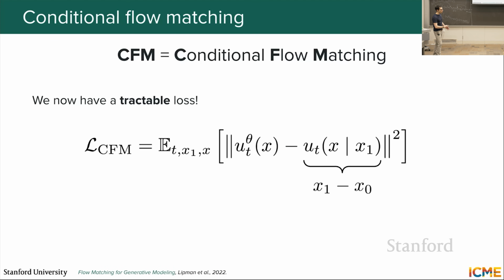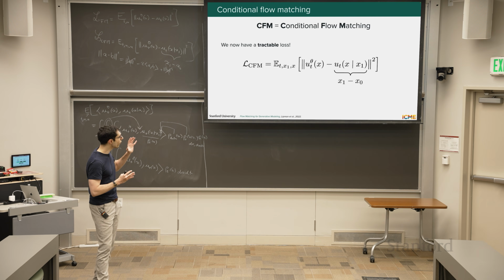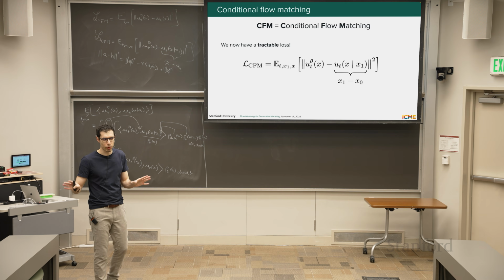And so, long story short, we have this loss, which is called the conditional flow matching loss, which is the expectation over t, x1 drawn from p data, and then x drawn from the conditional probability path, of a quantity that is extremely simple.